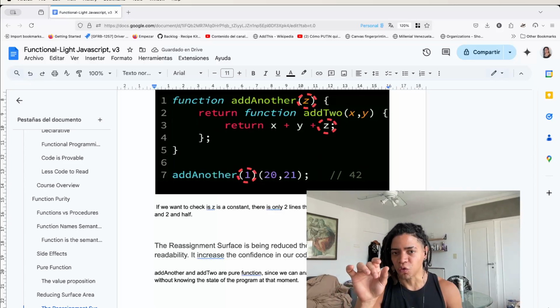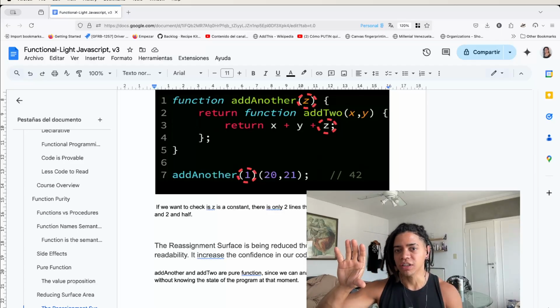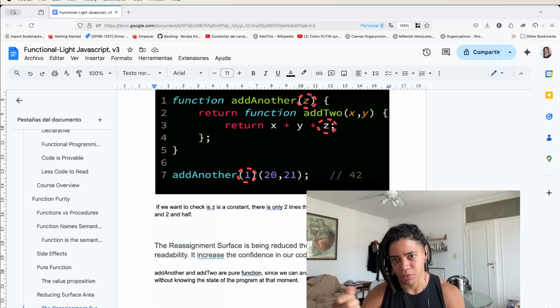That's one of the reasons why these nested functions not only reduce the input reassignment surface area, but also increase the readability and the confidence that this variable or this input won't be reassigned.